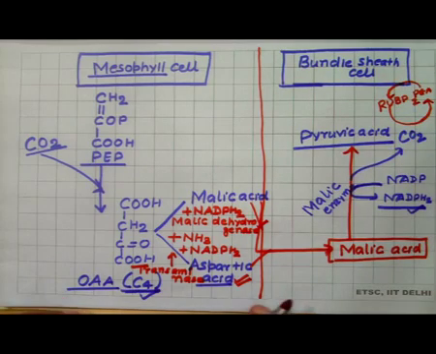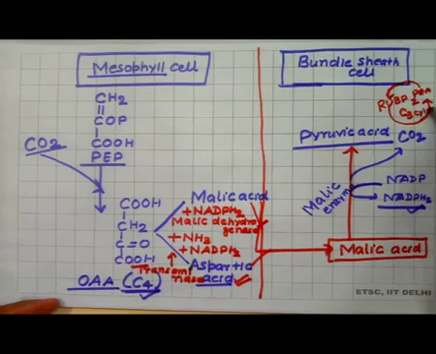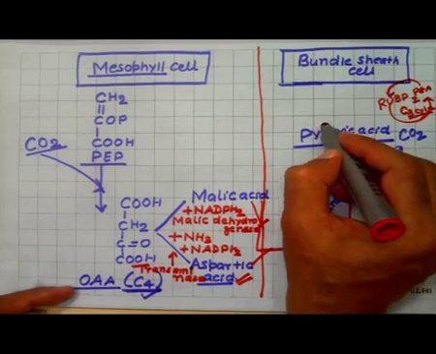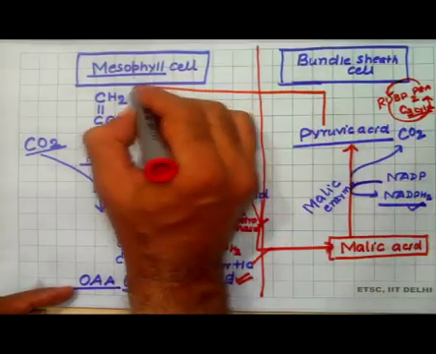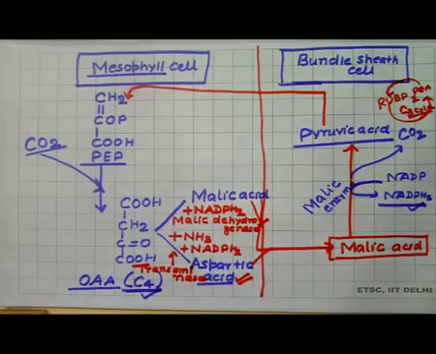So, you find here in the bundle sheath cell the CO2 is released by malic acid, it is accepted by RuBP. So, the C3 cycle is going to be operated, and this pyruvic acid again returns back to phosphoenol pyruvate as we have already discussed.